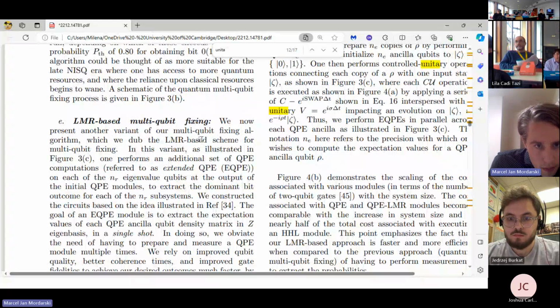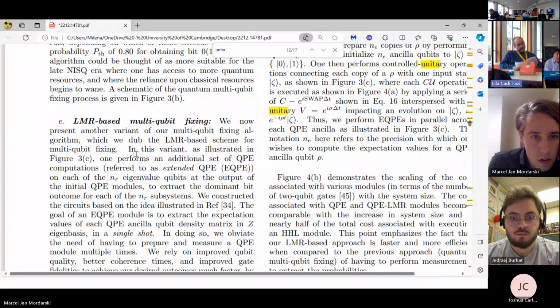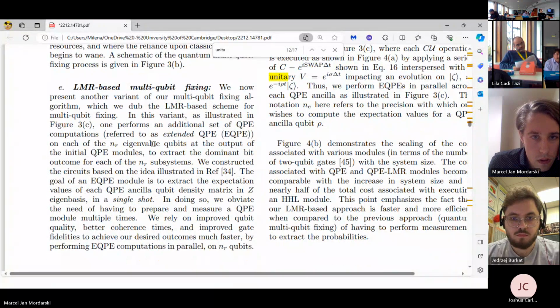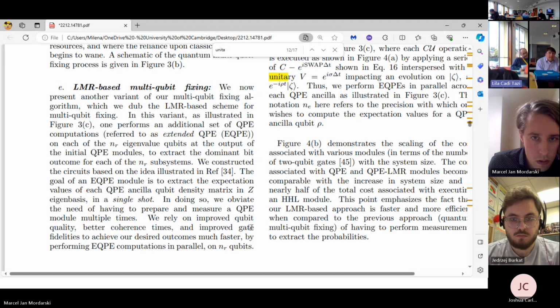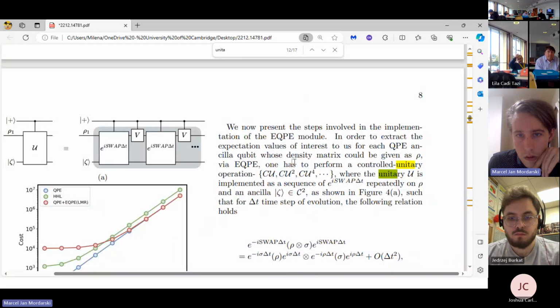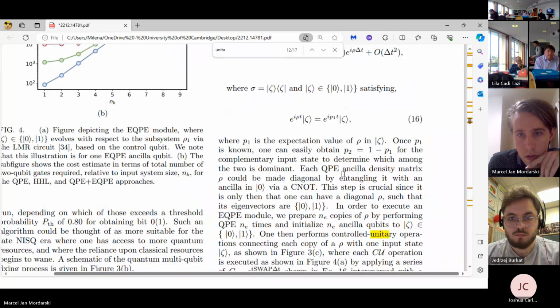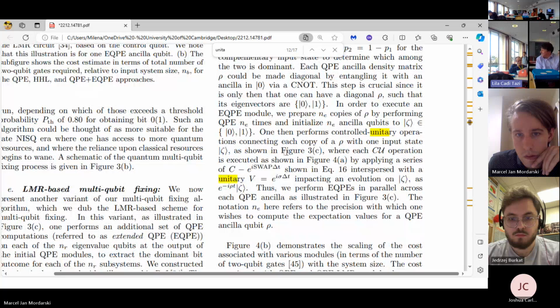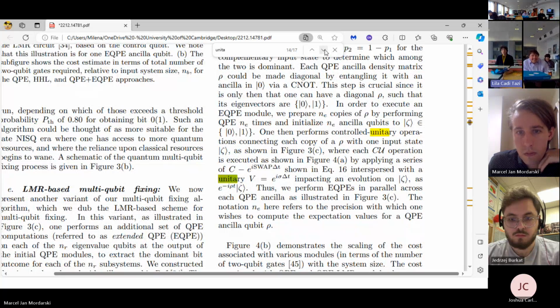Right. So is that the section? Then you QPE. Wondered why this thing called it that.